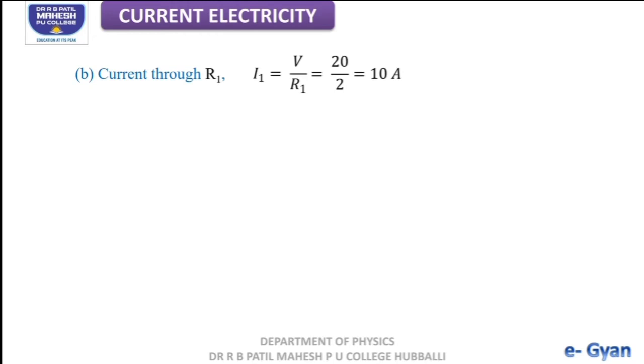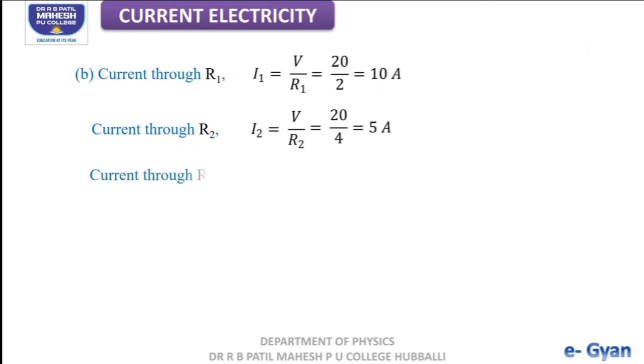Okay, 10 ampere of current is flowing through resistance R1. Current through R2 is given by I2 is equal to V divided by R2, that is equal to 20 divided by 4, that is equal to 5 ampere. Okay, 5 ampere of current is flowing through R2.